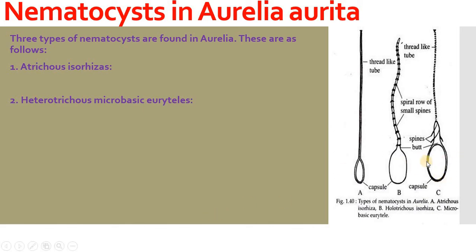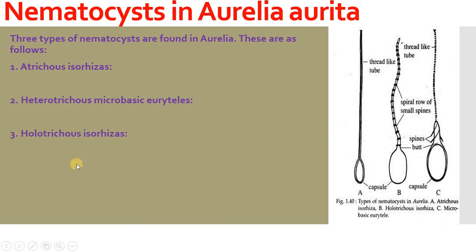This is the capsule part, then the thread tube, which is armed with spines and opens at the tip. A short butt with spines is present, and you can see the swelling in the butt region.